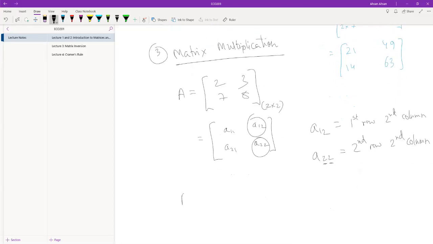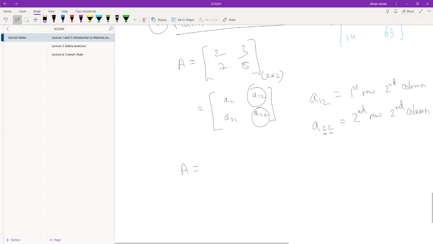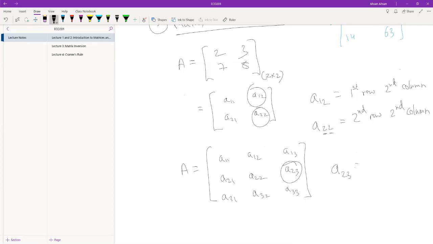And if we have a 3 by 3 matrix, what can we write? We can write A11, A12, A13, A21, A22, A23, A31, A32, A33. So if we take A23, what does this mean?